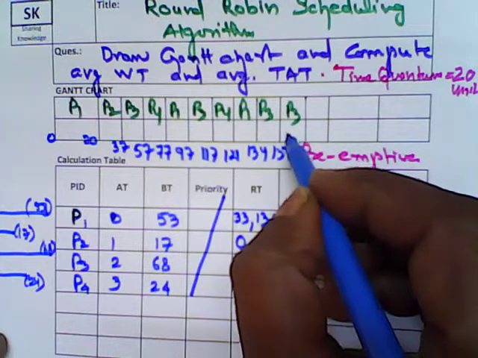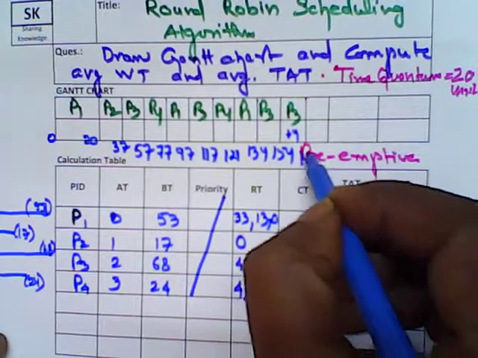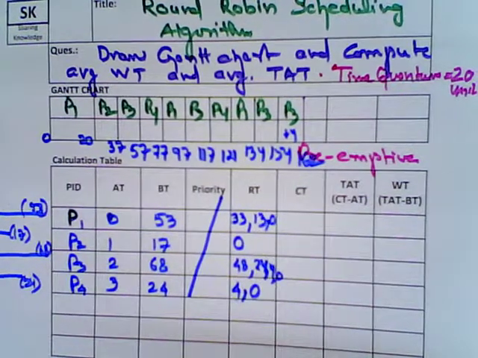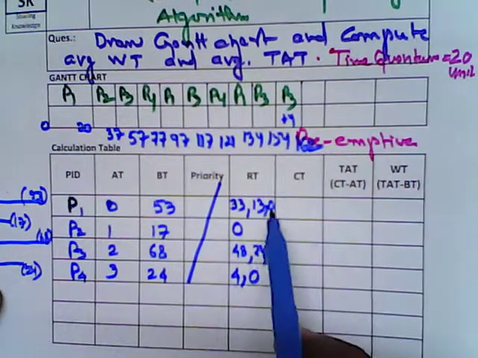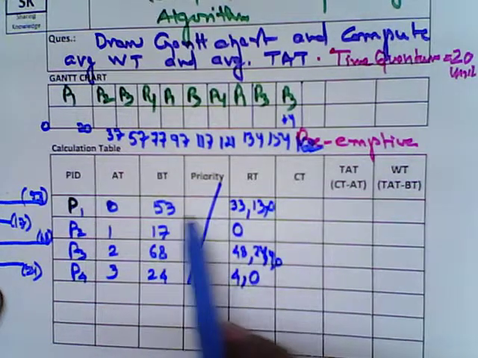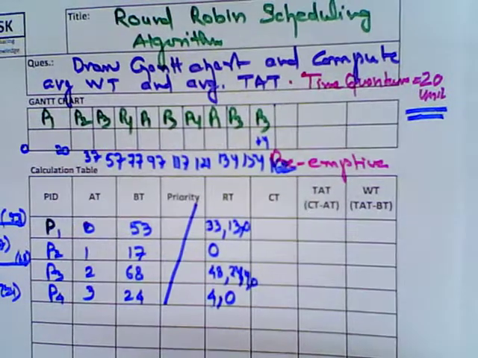So that becomes 158. So then it becomes 0. So you have seen here that each process has taken its execution time as per the quantum time Qt. Based on the Qt, this particular process is being executed.